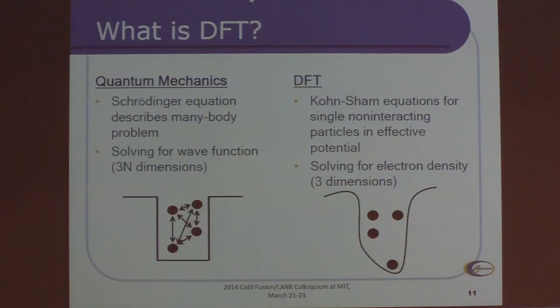What do we study? We study atoms and electrons. What would be the straightforward method to look at those systems? The Schrödinger equation. But each palladium atom, just think about it, has 46 electrons. So if we want to look at a playing ball, the amount of particles we have to calculate for will be in the thousands and tens of thousands. So that will be the Schrödinger equation, which we can formulate, but it will describe the many-body problem.